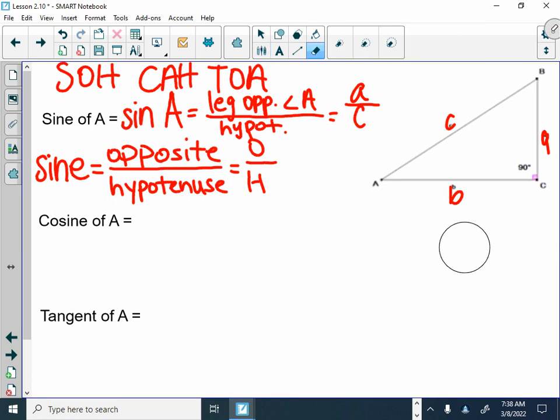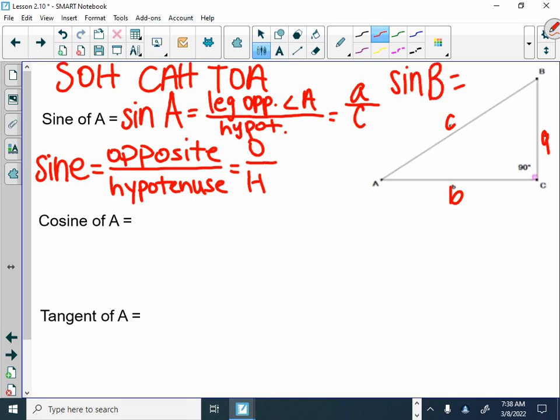Okay, just for practice, sine of angle B. So now we're looking at this angle up here. What is the leg opposite of angle B? Lowercase b. And my hypotenuse is still C. So for sine you need the leg opposite the angle divided by the hypotenuse. Okay? So that is your SO of your trig ratio.